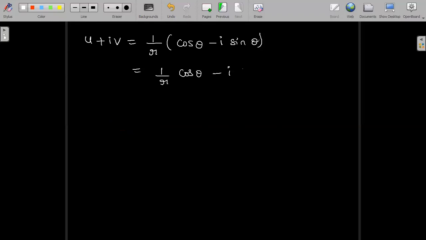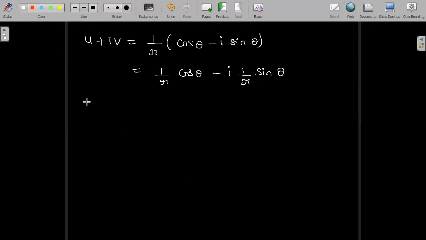So we have u plus iv on the left hand side, and the right hand side is 1 by r into e power minus I theta, which is cos theta minus I into sin theta. Multiplying 1 by r, so we have 1 by r cos theta minus I into 1 by r sin theta.